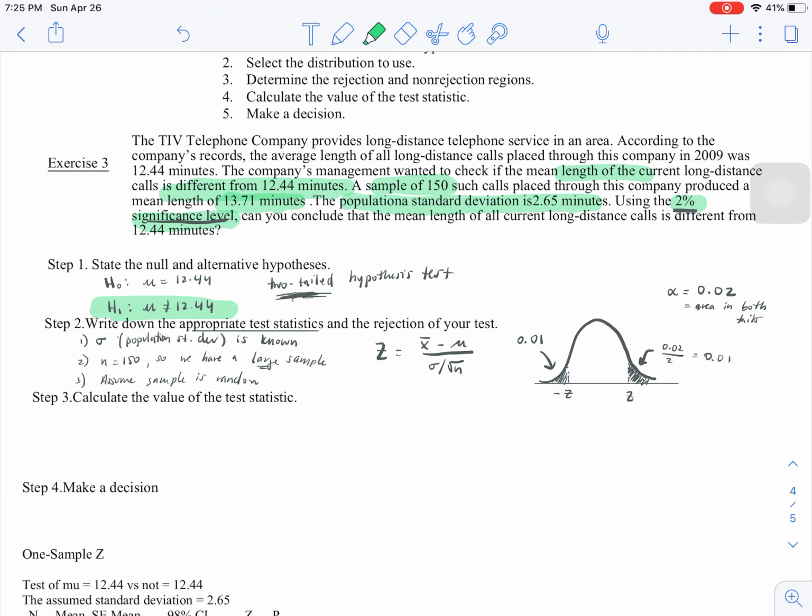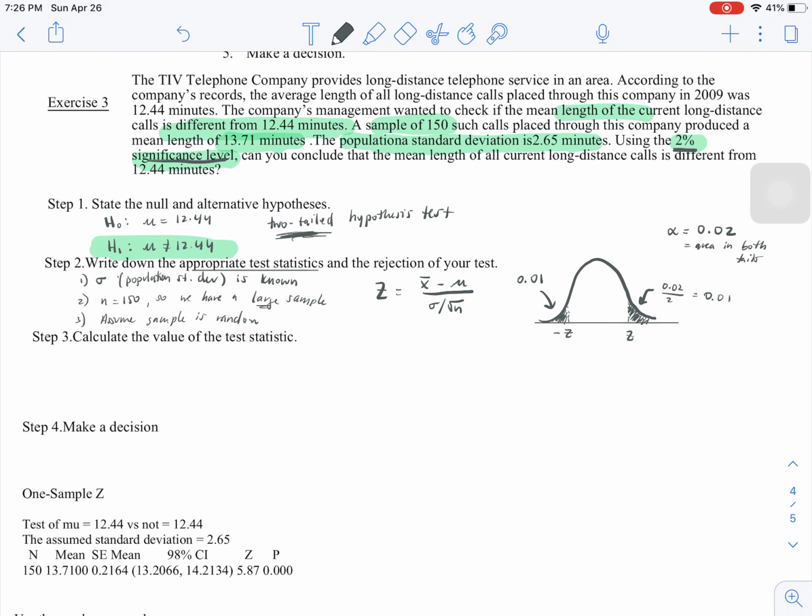If it's a lot bigger than 12.44, it's going to be in our right tail. If it's a lot smaller than 12.44, that's represented by our left tail. So we're going to reject when our test statistic is in this tail or this tail. So let's figure out what these z-scores are.